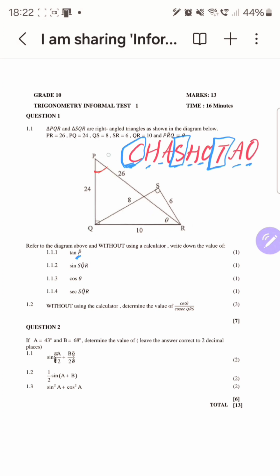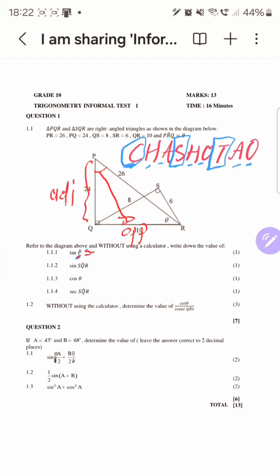Tan is opposite over adjacent, so this will be my opposite, and this will be my adjacent.